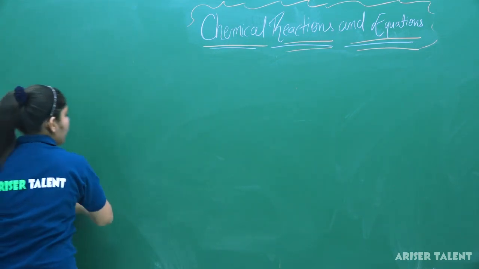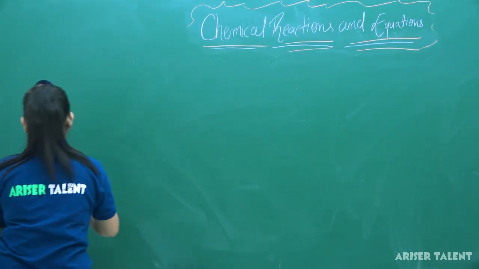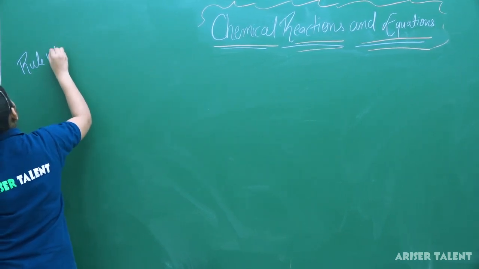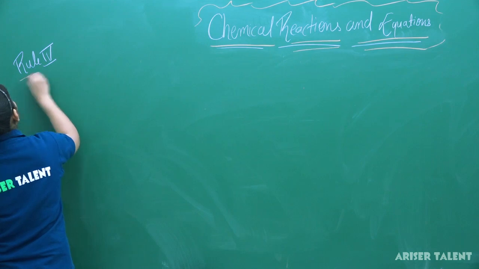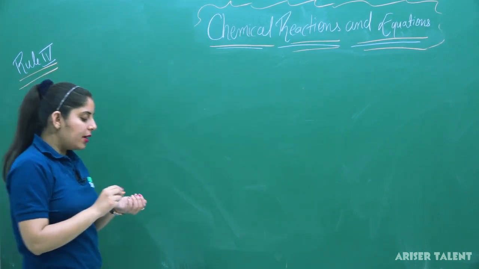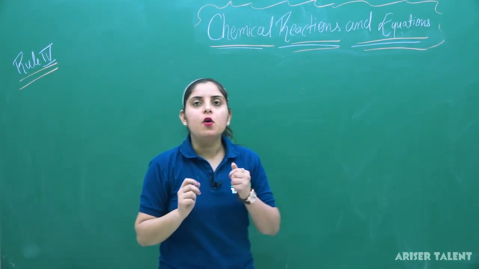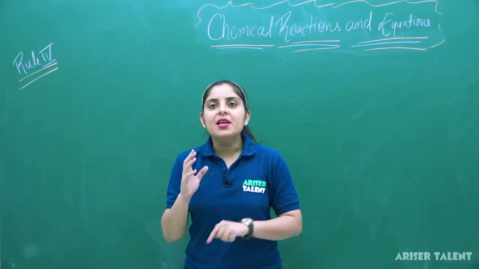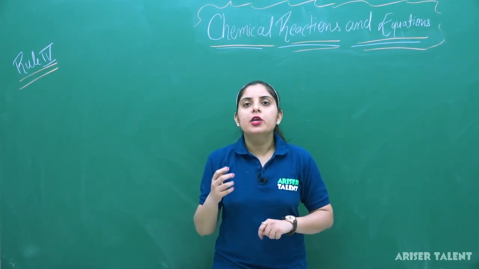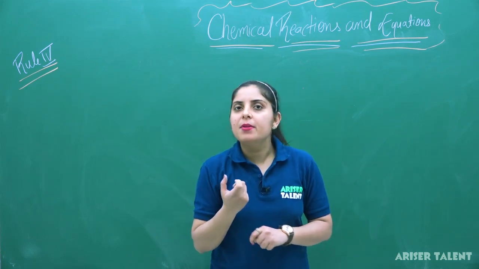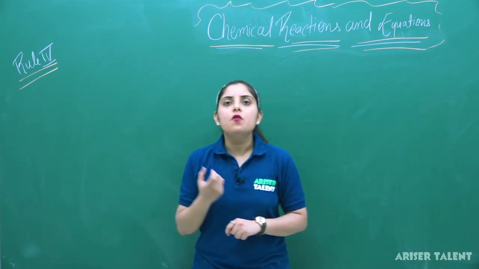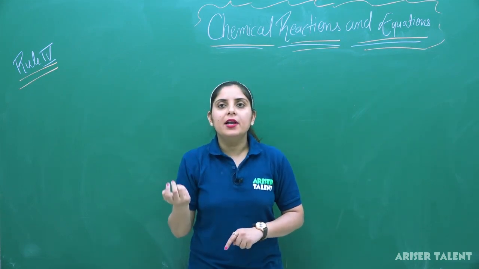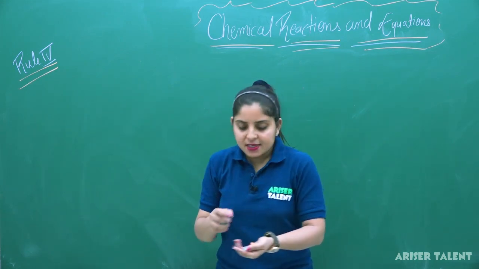We are on our rule number 4. The oxidation state of oxygen is always -2, but when oxygen forms a peroxide, then its oxidation number will change.